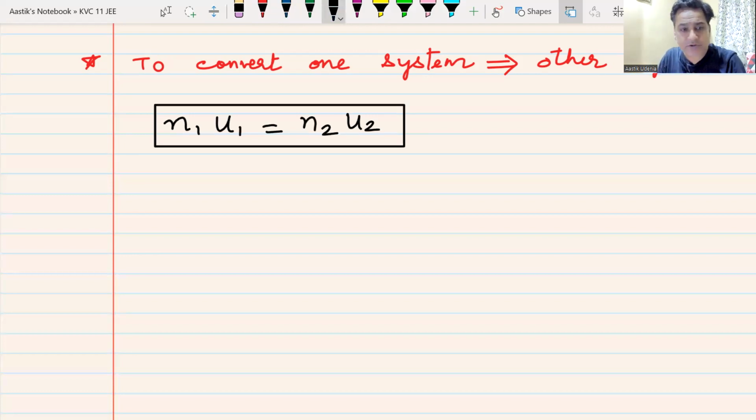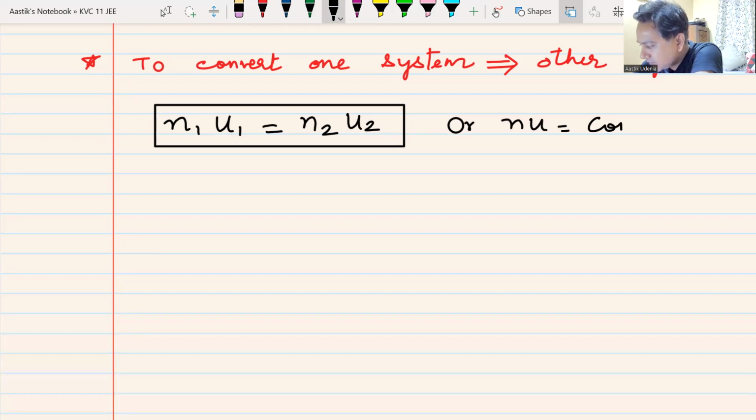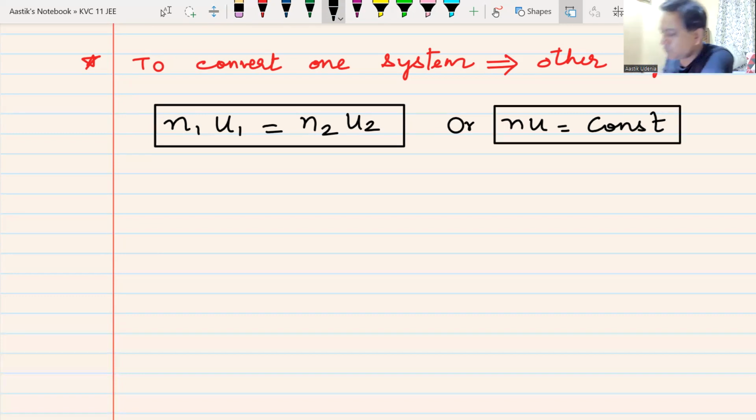Can you tell me what do you mean by N1 and what do you mean by N2 and U1 and U2? Or you can simply write it as, in any system, N into U is a constant. In any system that you create, N into U is constant.